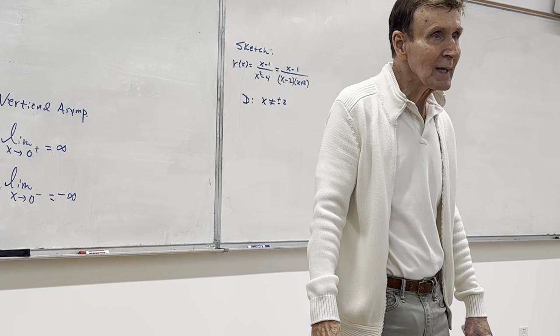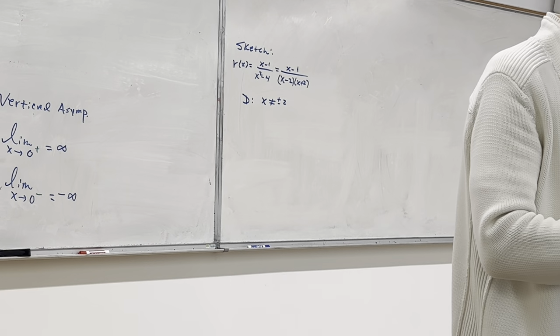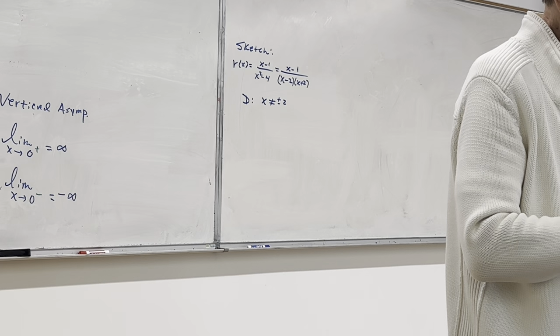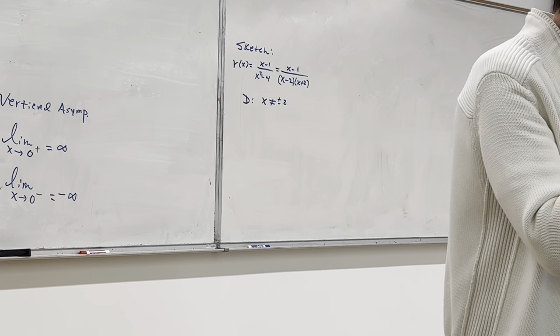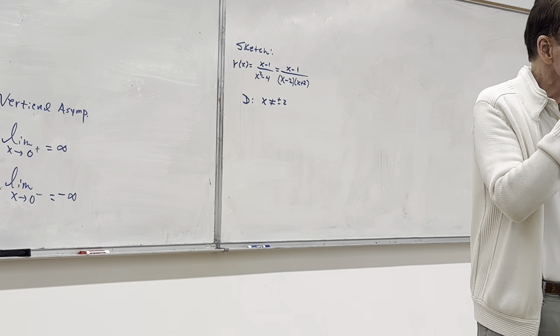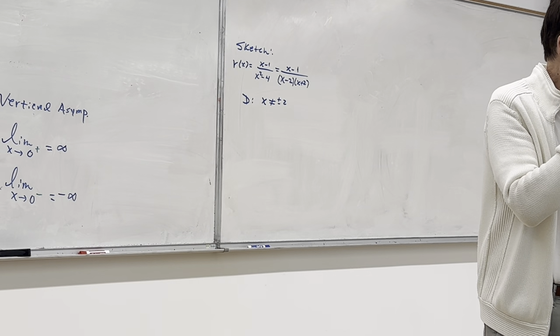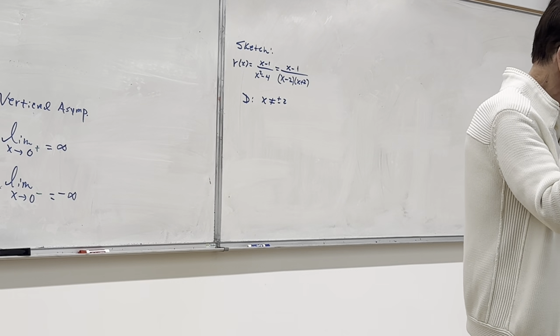Now, can anyone give me a guess as to what you think when I finally sketch? I haven't sketched yet. When I finally start sketching this thing, does anyone think they know what's happening at plus and minus 2? Because they can't use them. They're undefined. How's that undefined going to look, do you think, on the sketch?